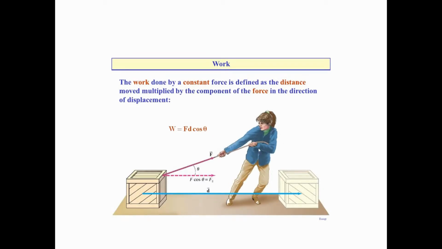So here is a girl and she is pulling this box from this position to this position. So she is applying a force on this box. So in effect she is doing work on this box to move it from this position to this position.